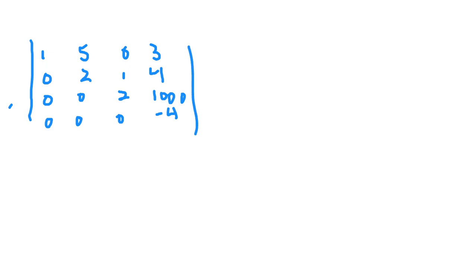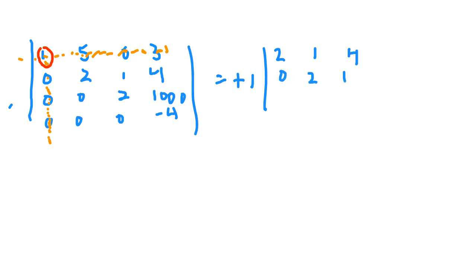What we did was we said, to find the determinant, we should expand down the first column. So we block out the first column and the first row, and we get a positive 1 times this submatrix.